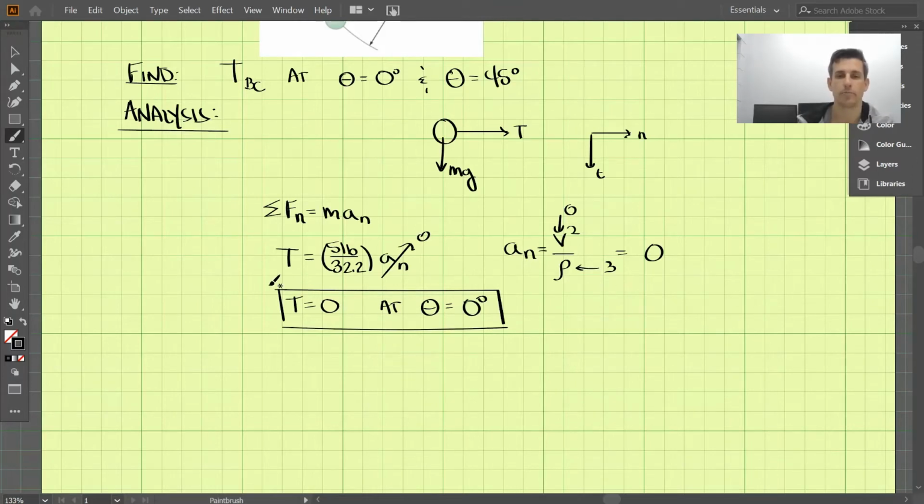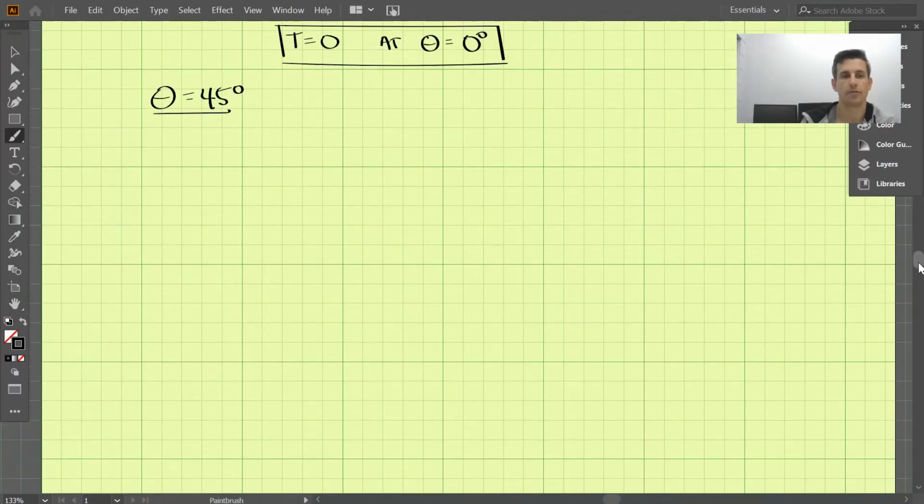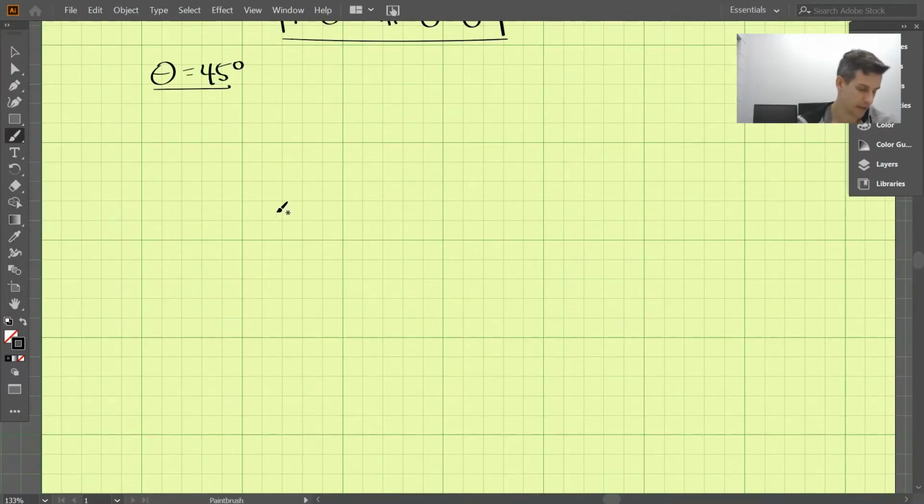Okay, so let's move on to the more complicated case when theta equals 45 degrees. So this was when theta is equal to 0 degrees. Let's move on to the case when theta is equal to 45 degrees. I'm going to start by drawing a free body diagram again. We have the bob here.